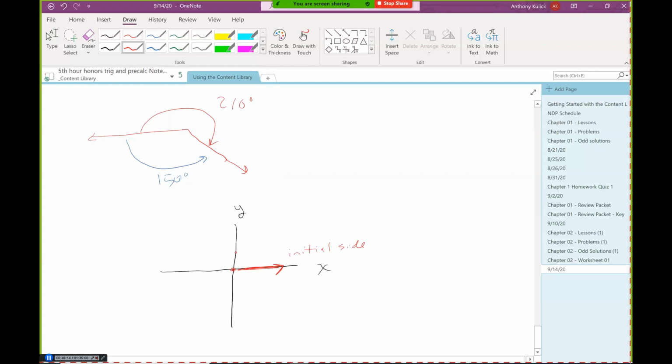And we're going to fix the vertex of our angle at the origin. Now the other arm of our angle, we're going to allow to rotate around the xy axis in a counterclockwise fashion. So if we have theta equals 210, we'd have 90 degrees to here, 180 degrees to here, and 30 degrees more puts us here, at 210. We call this other arm of the angle the terminal side.